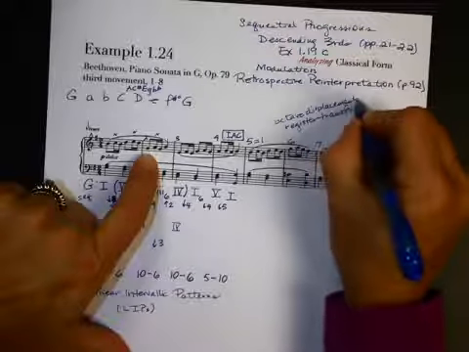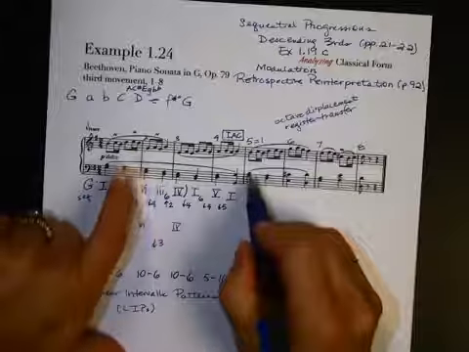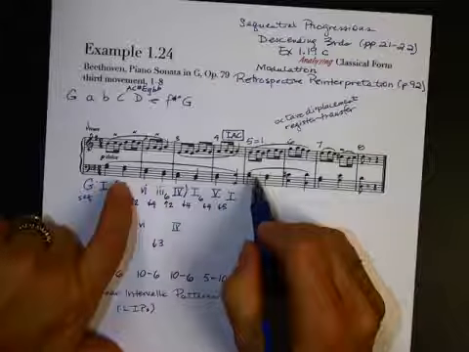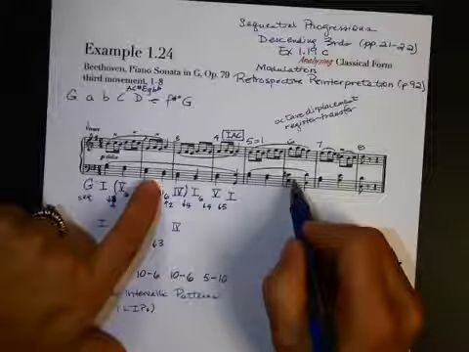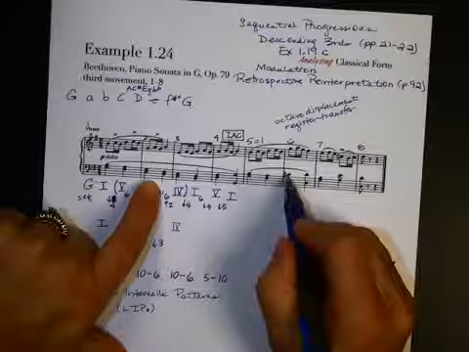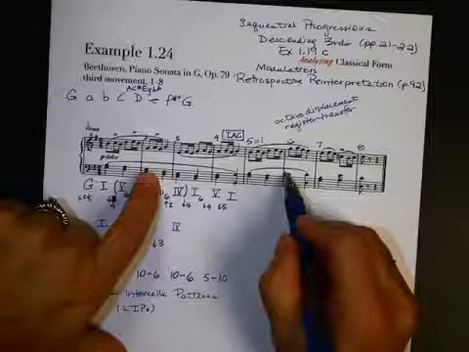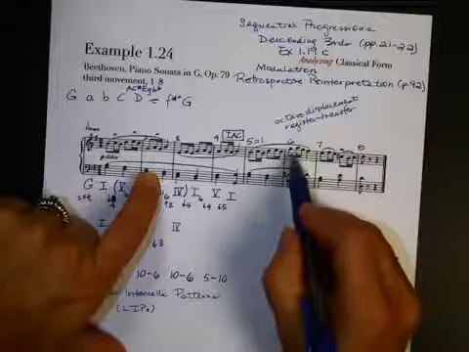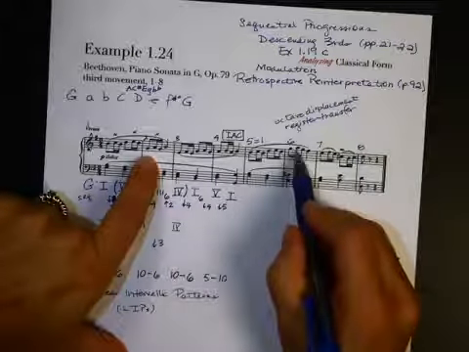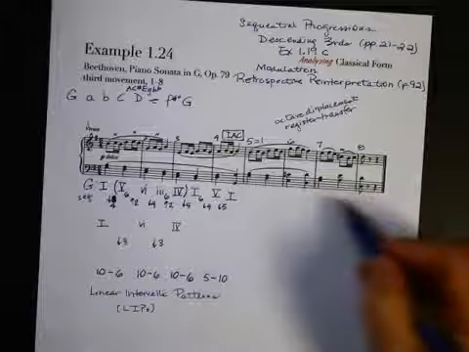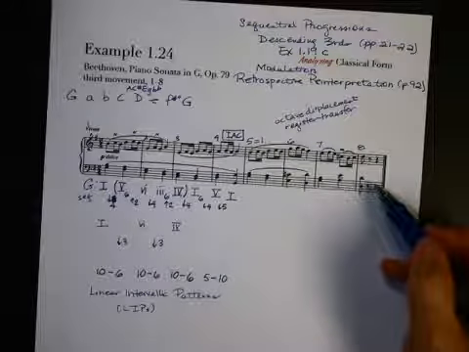So measure 5 is exactly the same as measure 1. Measure 6 has our first instance of a C sharp. This is no longer equivalent to measure 2, even though it begins the same with the sequence. There's two different ways of analyzing this modulation. One way is the most common, which is that pivot chord modulation.